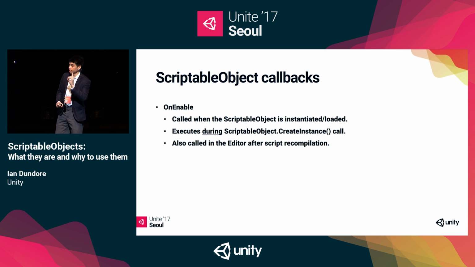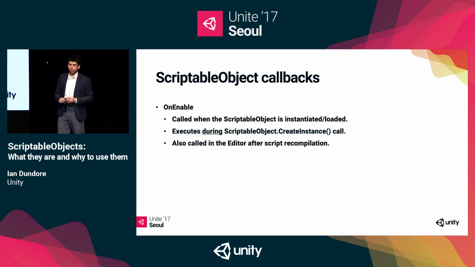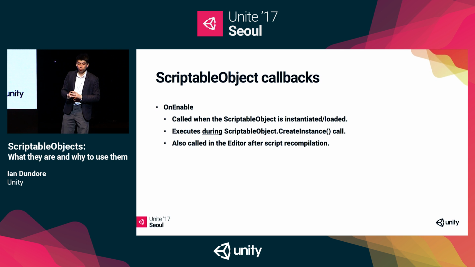It will execute on the main thread as part of the CreateInstance call or as part of a load call, such as Resources.Load or AssetBundle.Load. In the editor, this is also called when we reload the scripting domain. That's what happens when we finish successfully recompiling your scripts.